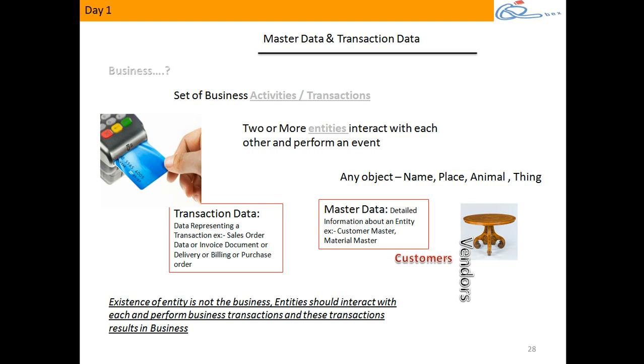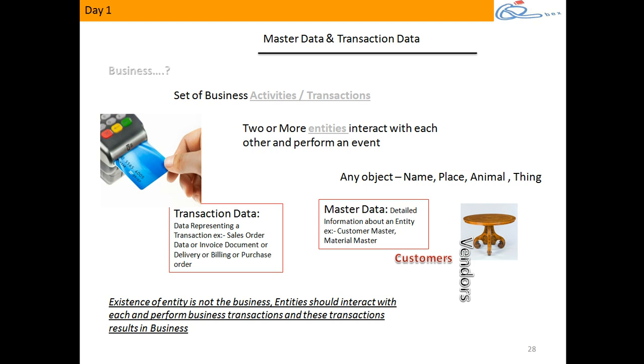And what is an entity? Like a noun in English grammar: name, place, animal, thing becomes an entity. Product is an entity, table is an entity, chair is an entity, a person is an entity, supplier is an entity, customer is an entity. Any object which can do some work on its own, or which I can use to do some work, becomes an entity.